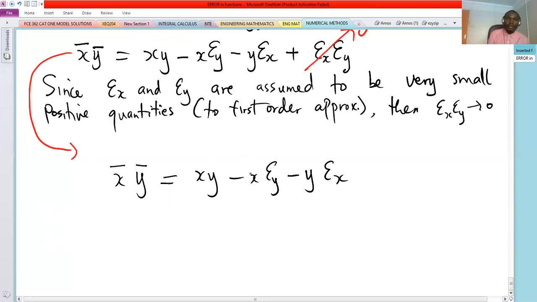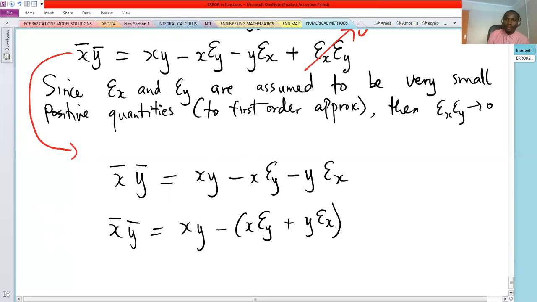So I can say this can be written as x bar y bar equals xy minus x error in y plus y error in x. Then we can rearrange this one as xy minus x bar y bar equals x error in y plus y error in x.